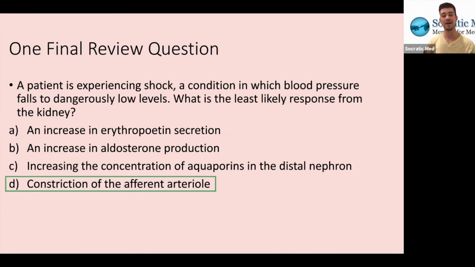So it would actually dilate the afferent arteriole, and it would constrict the efferent arteriole because it wants to increase the pressure in the glomerulus. So constriction of the afferent arteriole would definitely be the least likely, because it's just going to drop the GFR even lower. And then the kidneys are virtually going to be filtering no blood per minute.